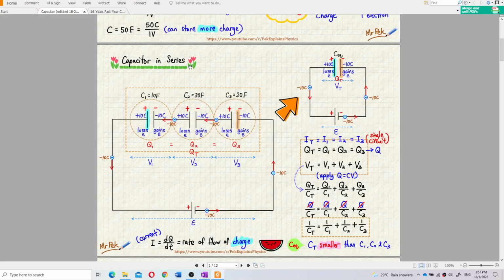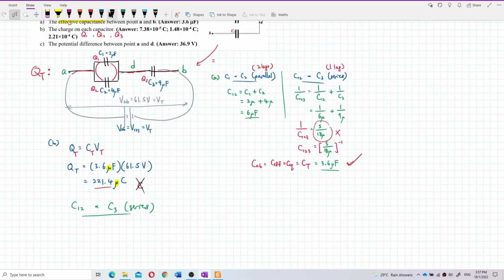So I can say that Q total is the same as Q12, the same as Q3, because they are in series. Understand? Q total equals Q12 equals Q3.